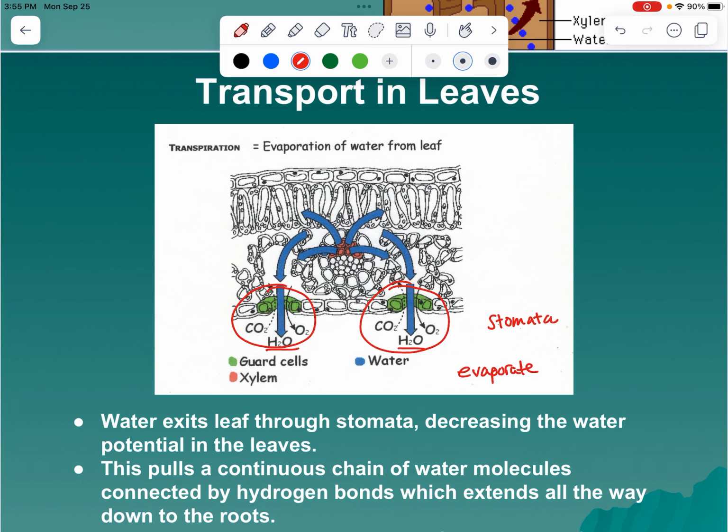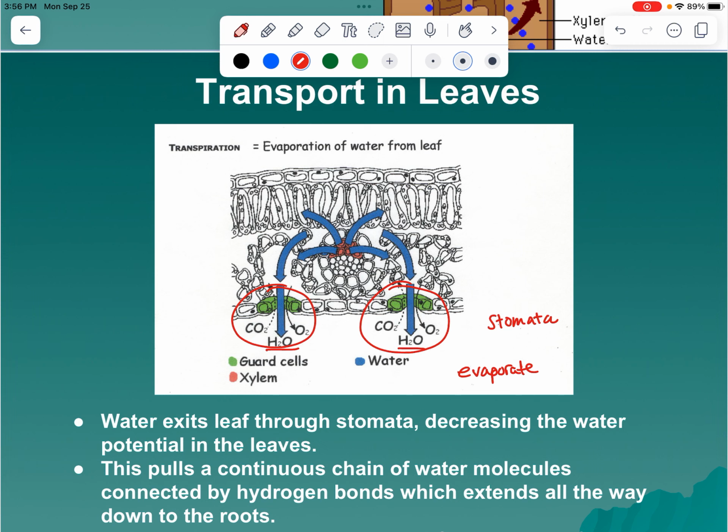As some of these water molecules are leaving, they're going to pull on the next water molecule that's connected in this continuous chain. Remember, when we talked about the stem, we talked about the cohesion and adhesion of water, which allows all these water molecules to travel in one continuous, linear chain-like fashion. So when some water molecules leave, that will pull on the next water molecule and the next water molecule and the next water molecules to be pulled up as well.